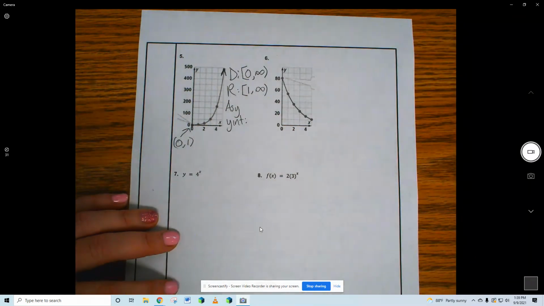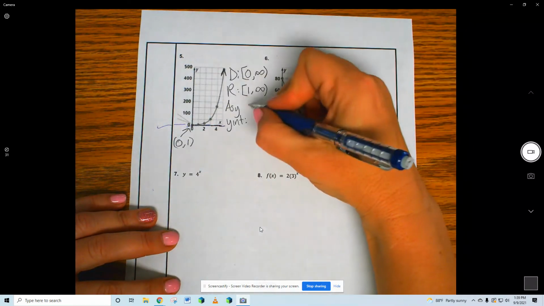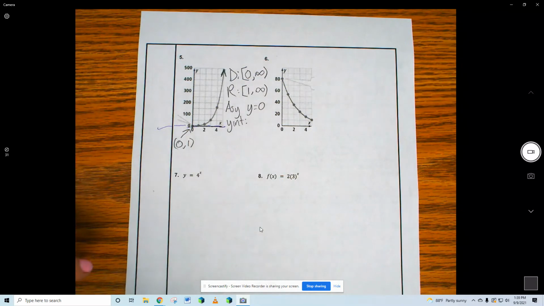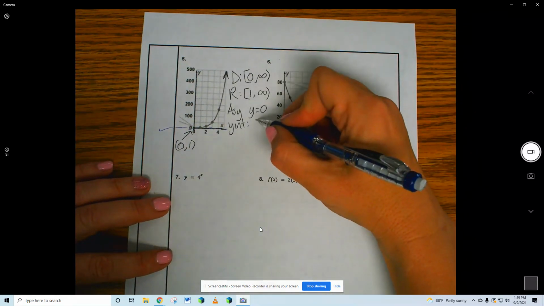Asymptote. It never ever touches the y equals 0. Y-intercept. I just told you it's at 1.